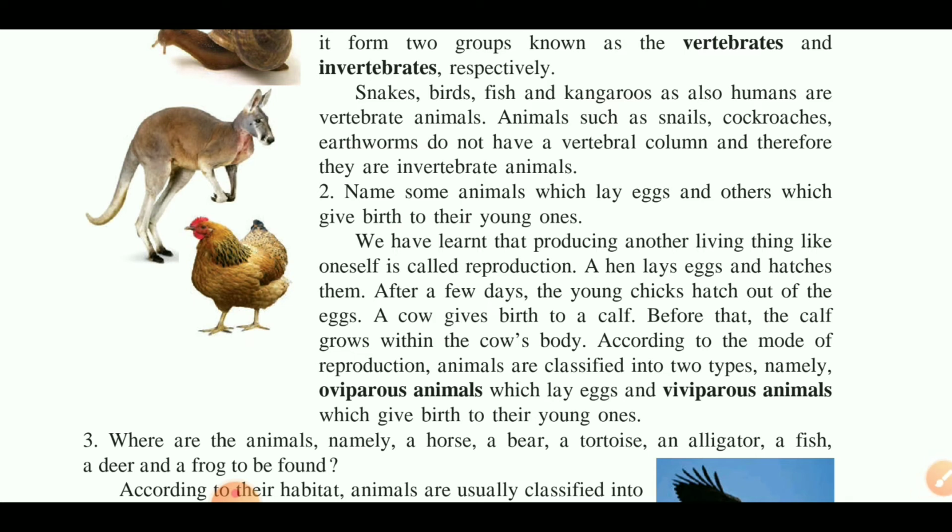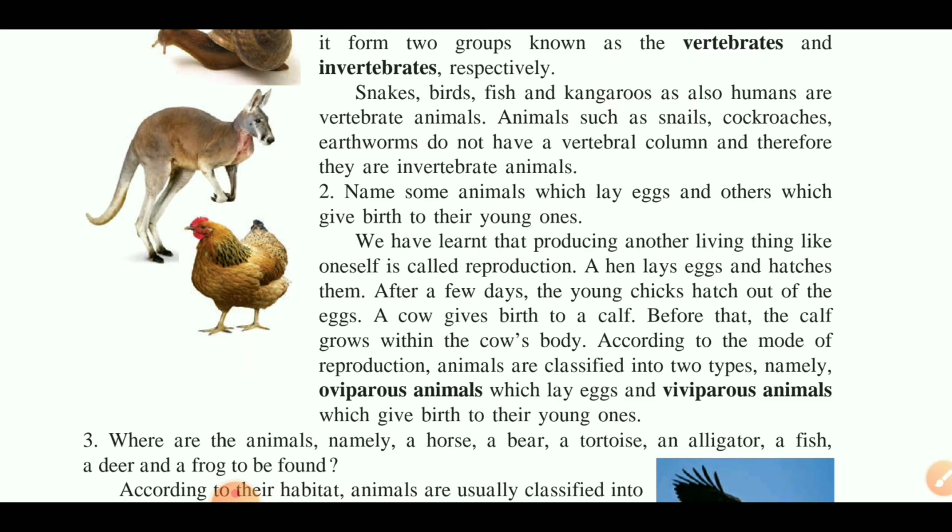We have learned that producing another living thing like oneself is called reproduction. A hen lays eggs and hatches them, and after a few days, the young chicks hatch out of the eggs, and a cow gives birth to a calf. Before that, the calf grows within the cow's body.